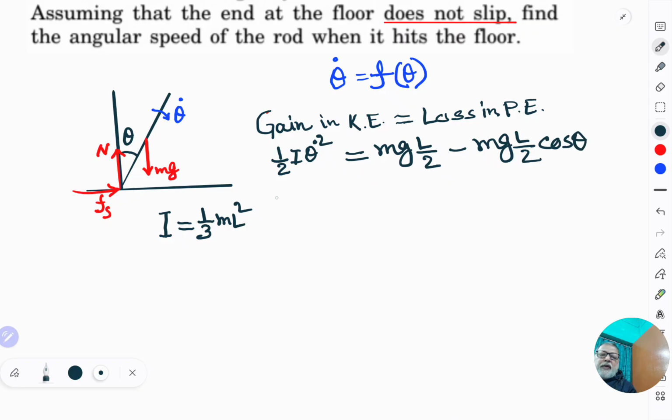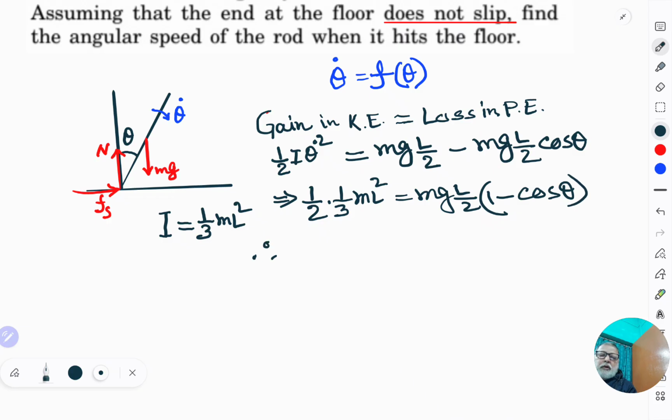And on simplification we get that putting the value of I, it is half into 1/3 into ml square is equal to mgl by 2 whole into 1 minus cos theta.